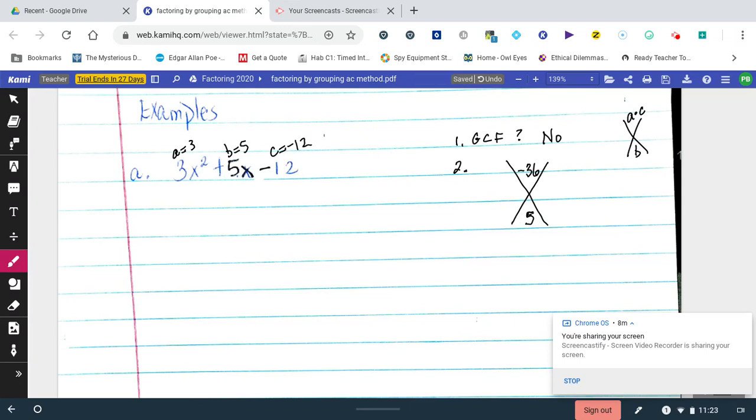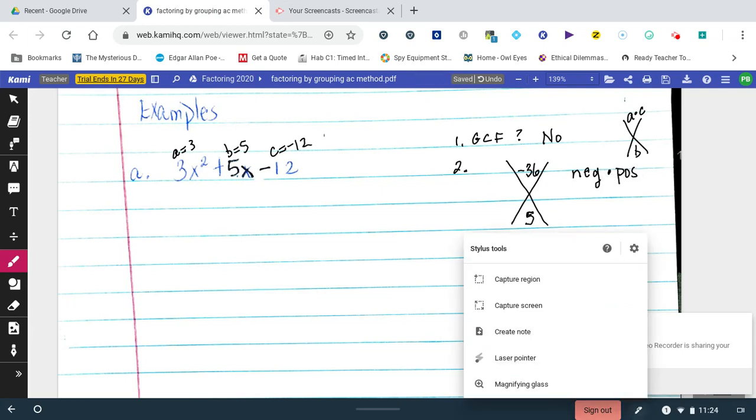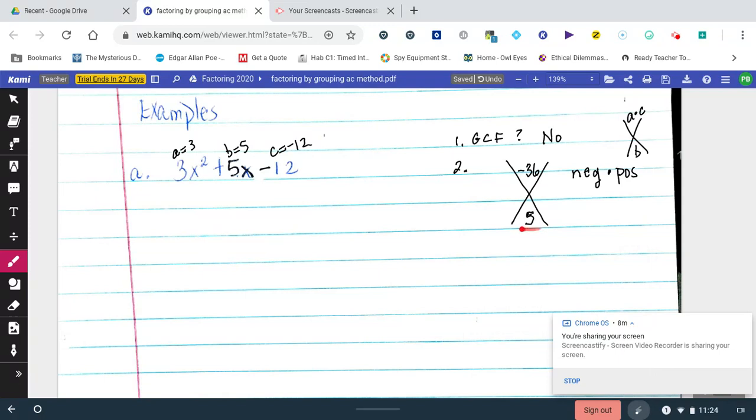Okay, so now you're going to think about it the same way we did those sum and product puzzles to figure out what numbers go on the side of the x. All right, so I know that negative 36 is negative, so that means the signs have to be different. I have a negative times a positive. But if you look at this bottom number, it's positive, which tells me that the largest number needs to be a positive, okay?